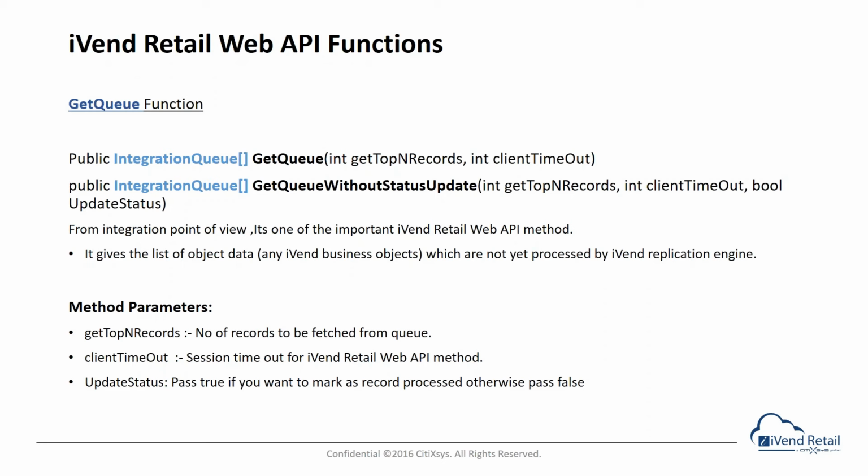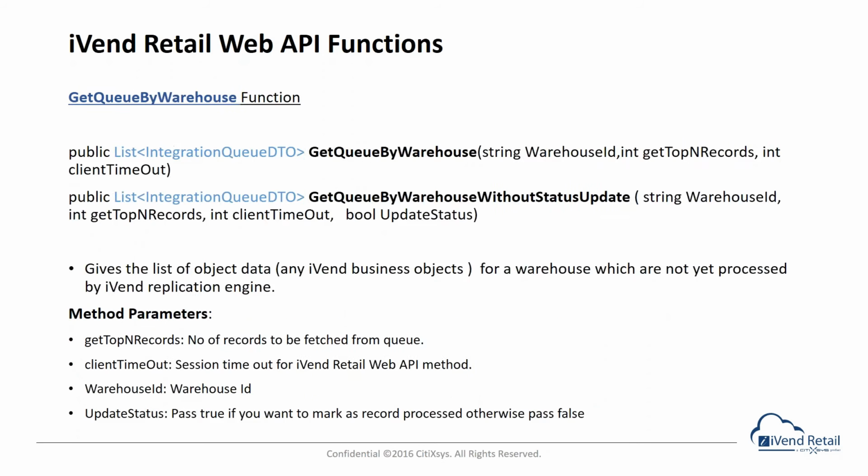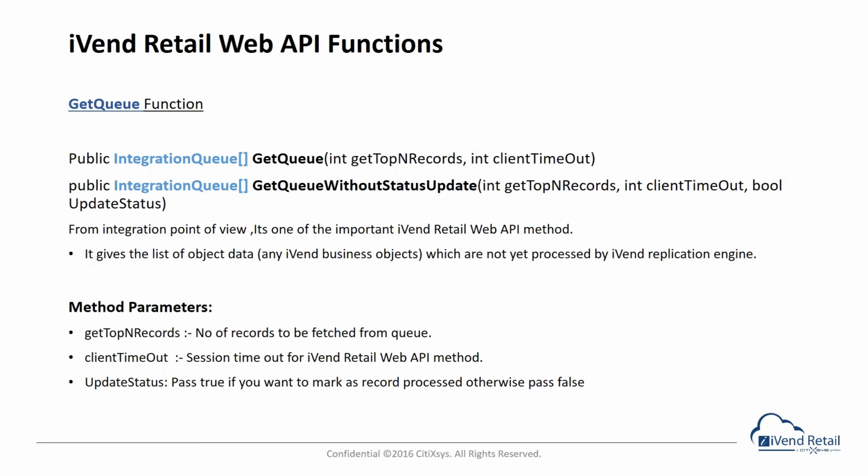Once you are done with your business logic in your integration layer, you call another function, update record status, and you pass your integration key list, whichever you have processed, and it will mark that record done in the iVend integration queue.